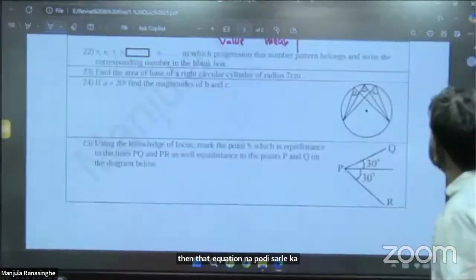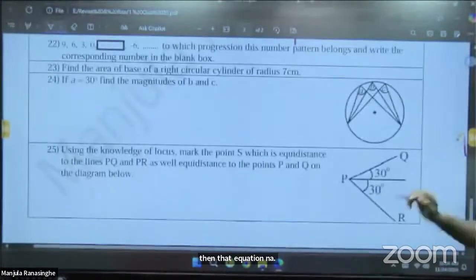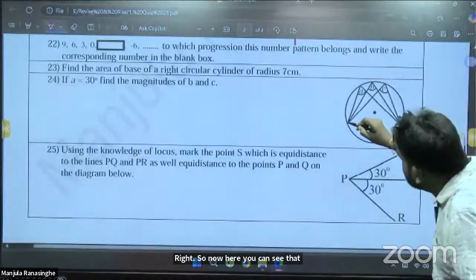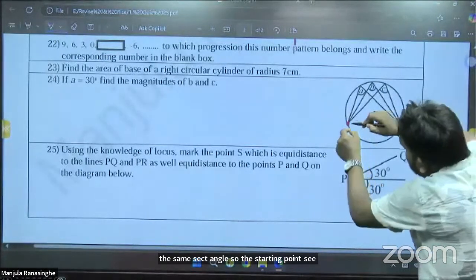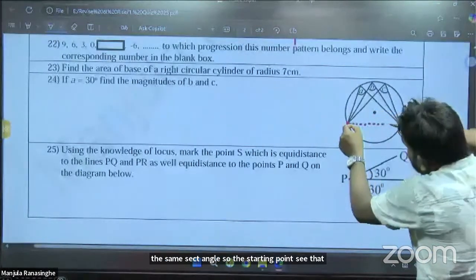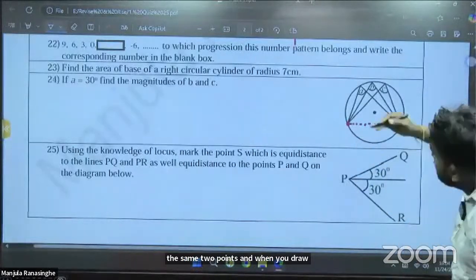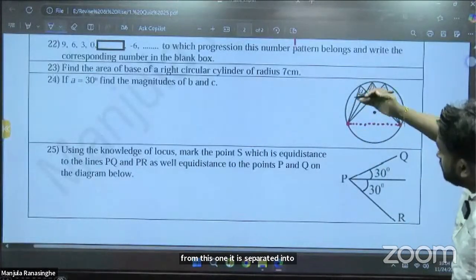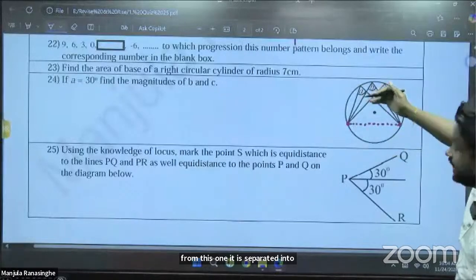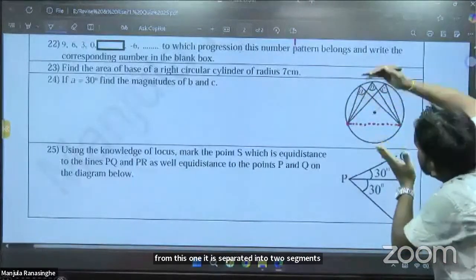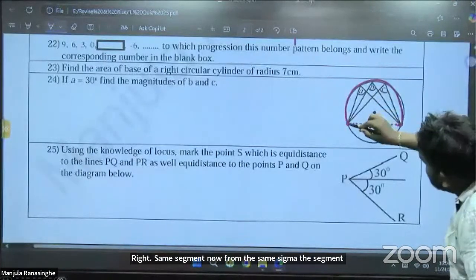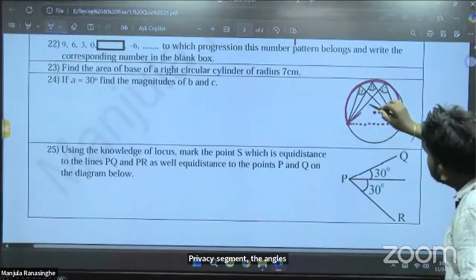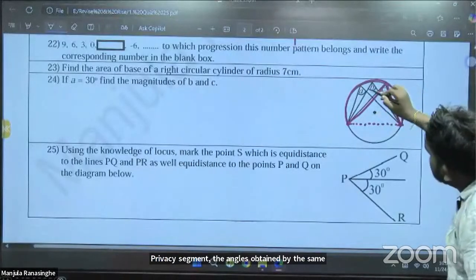Right. So now here you can see the same segment angle. The starting points, see the same 2 points, and when you draw from this one, it is separated into 2 segments. Same segment angle. Now from the same segment, the angles obtained by the same terminal, these are the angles obtained here and here and here.